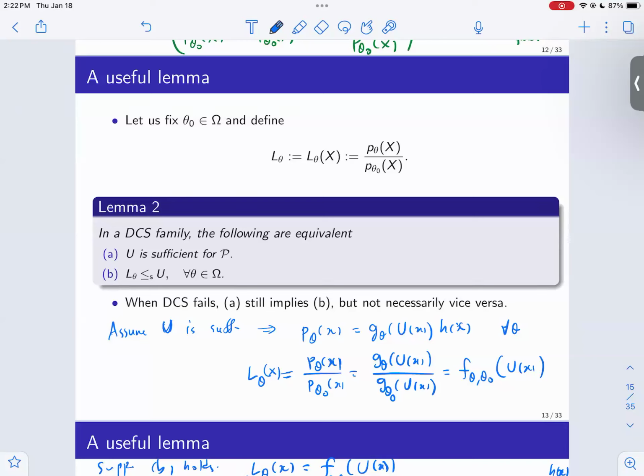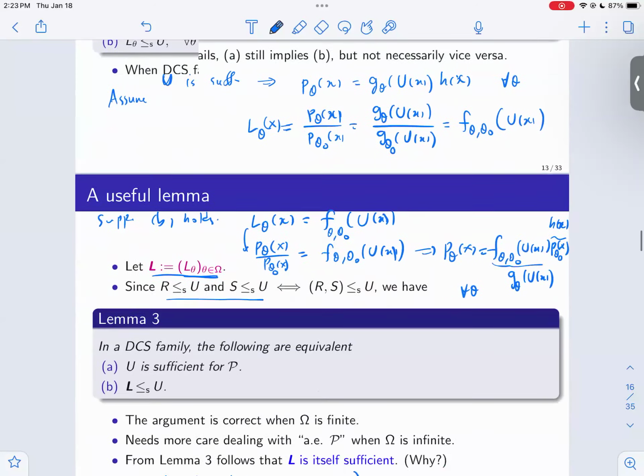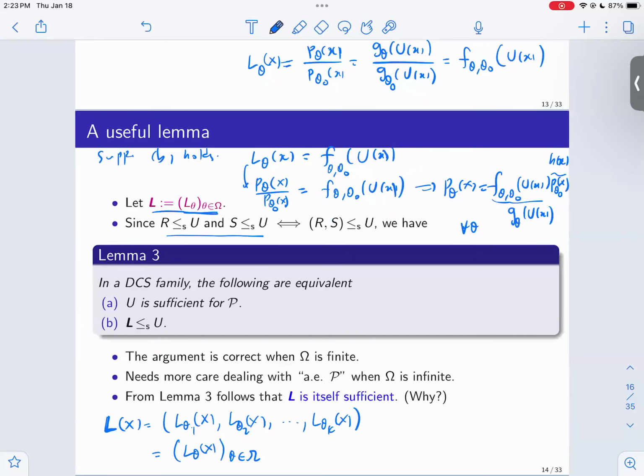So this is the same lemma, I just rewrote B slightly differently. So 3 is just 2. 2 we proved. 3, I convinced you, is the same: instead of saying all the coordinates are functions of U, I can just say this entire vector is a function, because it's equivalent.